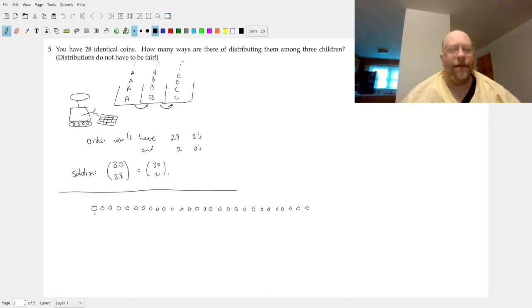And that gives us slots between each of these coins, as well as a slot before and a slot after.